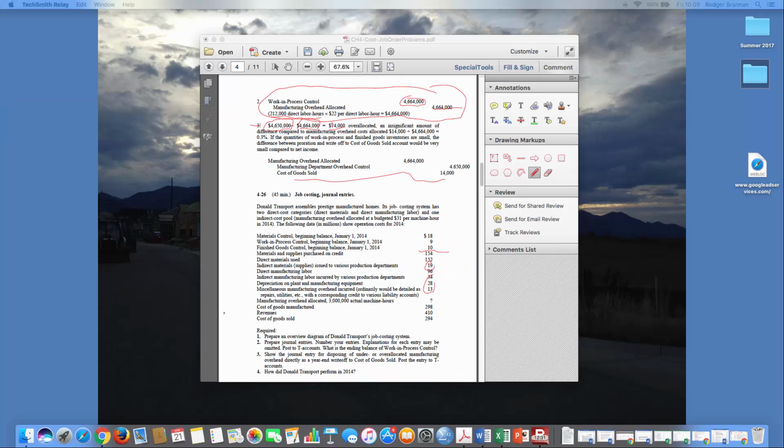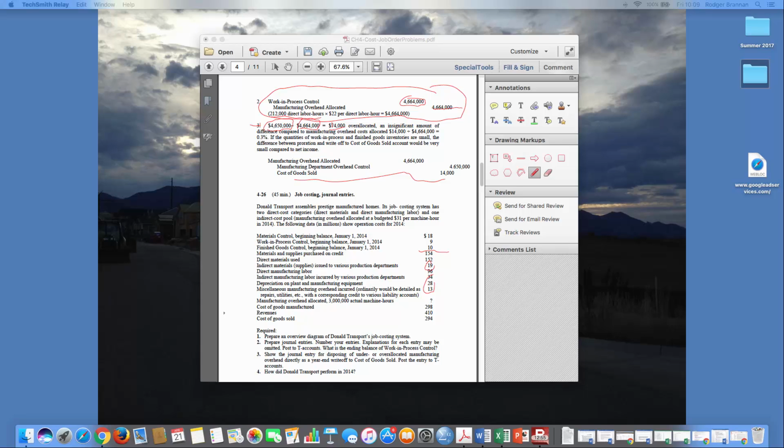All right, this problem takes you through the basics of making the journal entries, creating the T accounts, etc., using job order costing. Now, the first 3 things that they give you here represent the beginning balance in each account. Then it says that they purchased 154. We'll leave off all the zeros here.